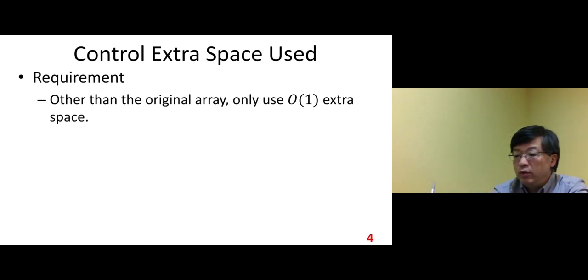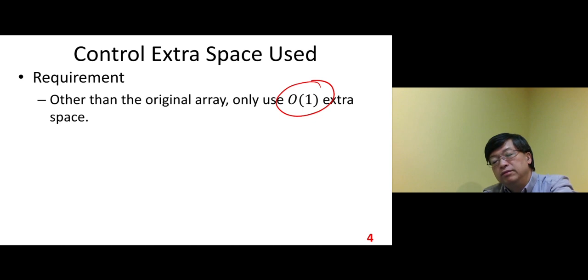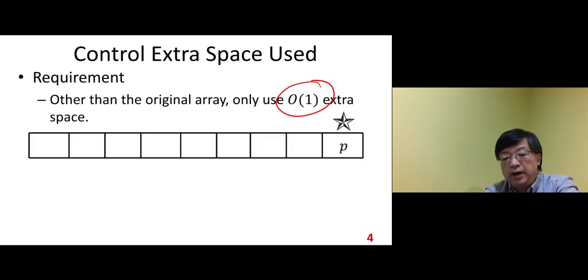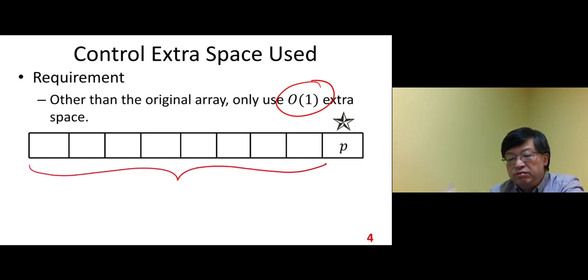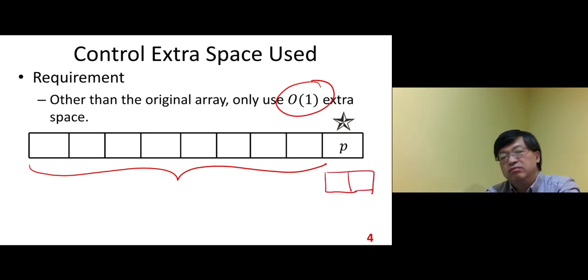We want to get big O of 1 or big theta of 1 extra space. But when we do that, we need to work a little harder because we mainly use the original array for the storage space. We can use a small number of extra space, but not too many.